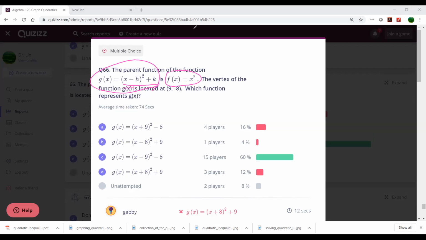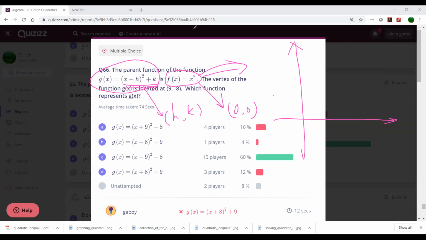So see from this one, actually the vertex is what? (h, k), right? For this one, the vertex is (0, 0). Let's graph this one together. For f(x), we can graph it like f(x) equals x squared.